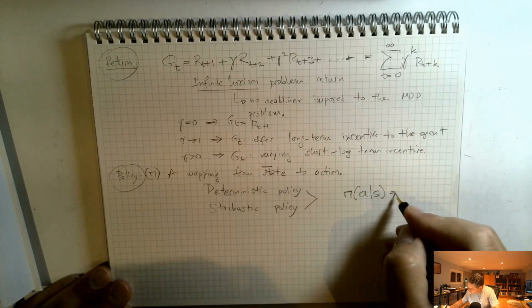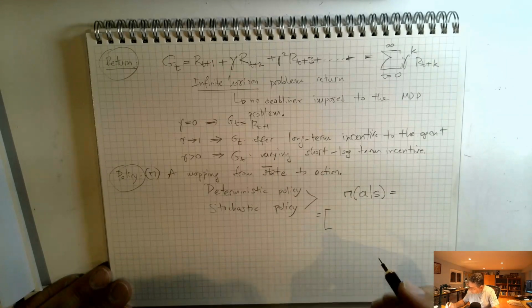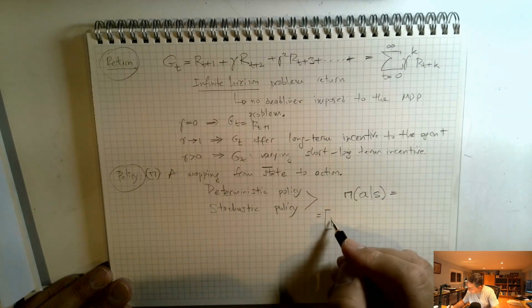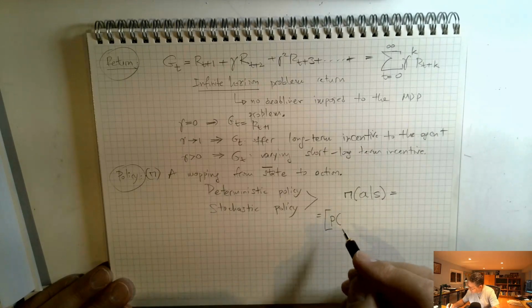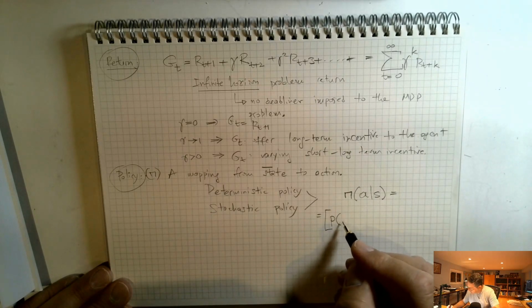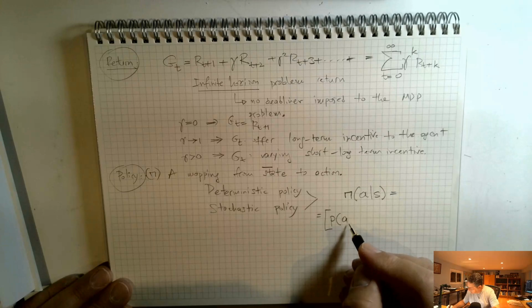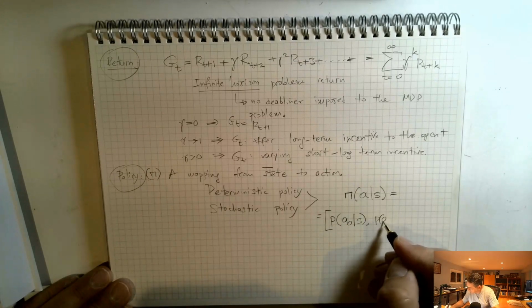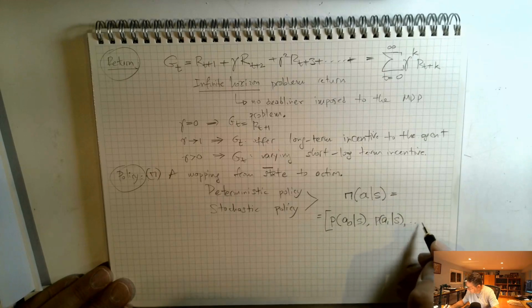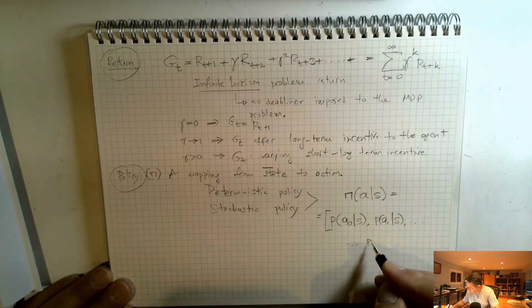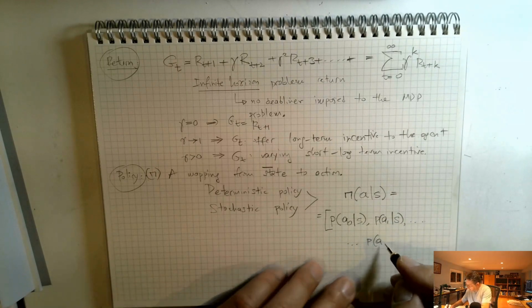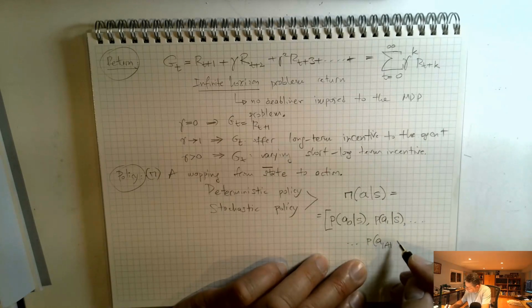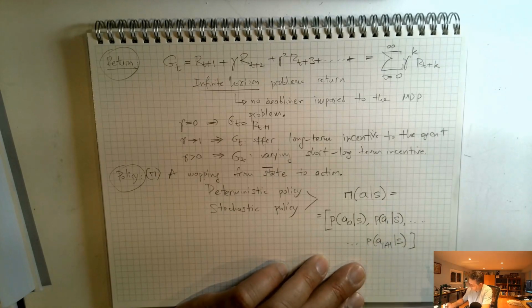This should be interpreted as a probability over all possible actions, so we can have P of a0 given s, P of a1 given s, up to P of the last action in the set A given s.